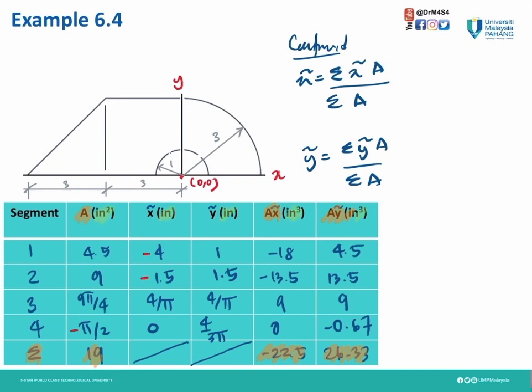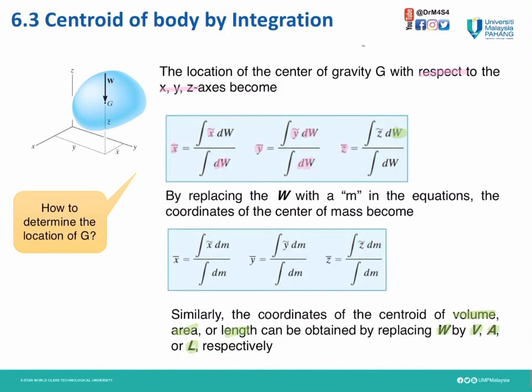Next, we need to determine the centroid for the composite block. Remember for this one, we can replace our W with volume, area or length. Therefore, to find our x and y, we just replace this W with our A value.